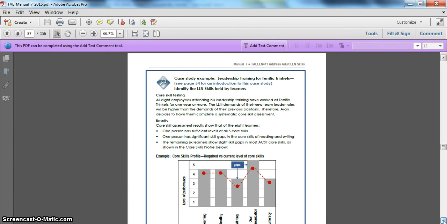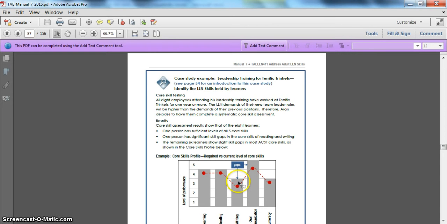And what you'll end up coming up with is this spiky profile. We have the levels of the unit of competency in the grey bar graph, and we have the levels of the learner plotted over the top in the red line graph. And what you can start to see here is the gaps that the learner might be experiencing as they're coming into the program.